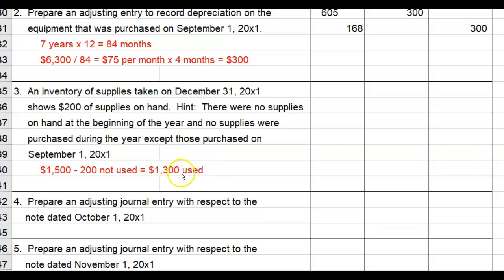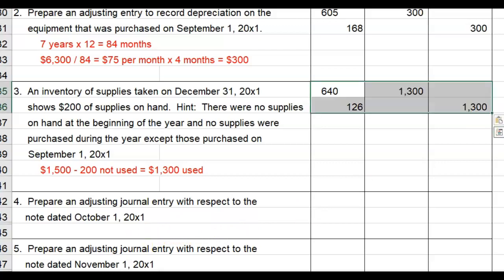So we're going to debit supplies expense and credit supplies for $1,300. Debit account 640, supplies expense for $1,300, and credit account 126, supplies for $1,300.